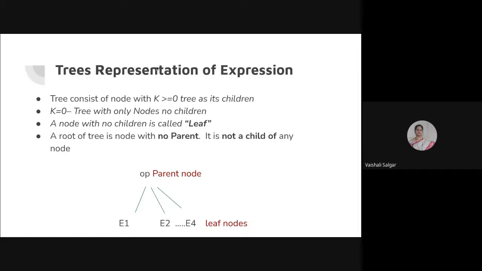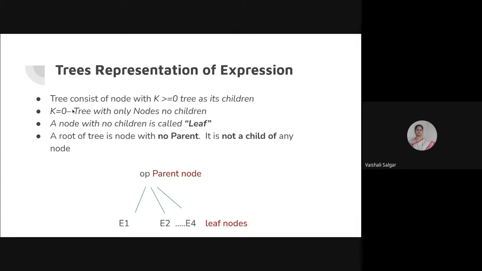So the tree representation of an expression. Just now I showed you a simple A plus B. Now we have multiple equations which we have discussed that you can represent using the abstract syntax tree. Next is the tree representation of the expression.